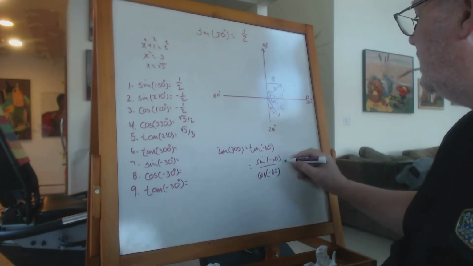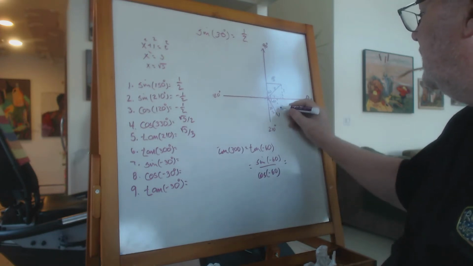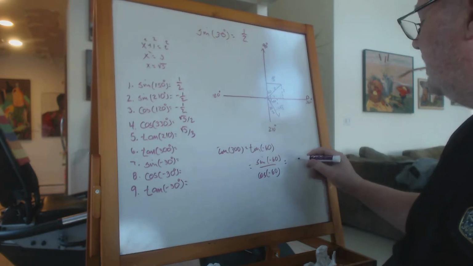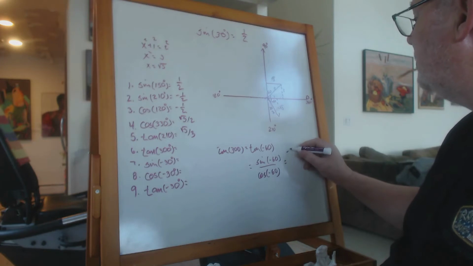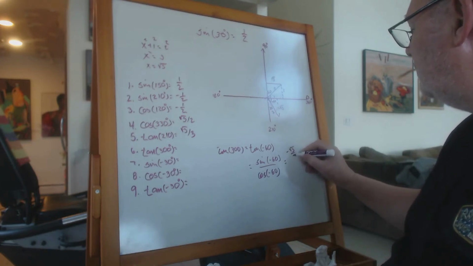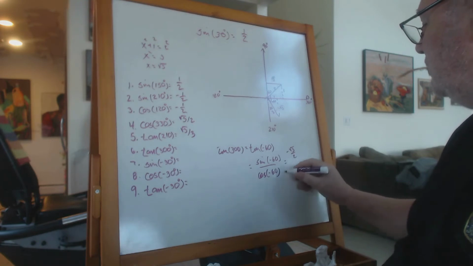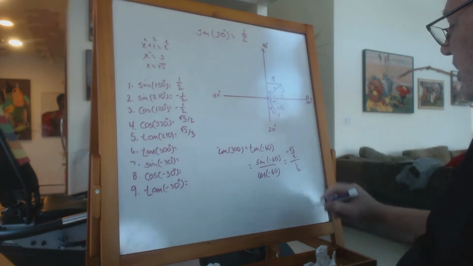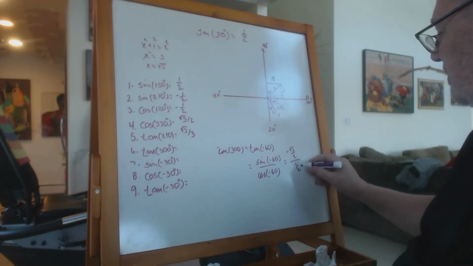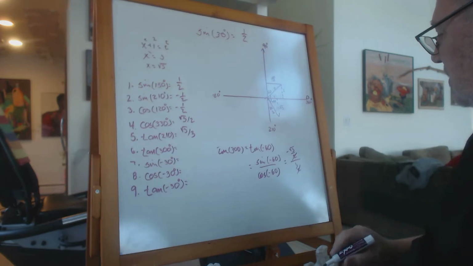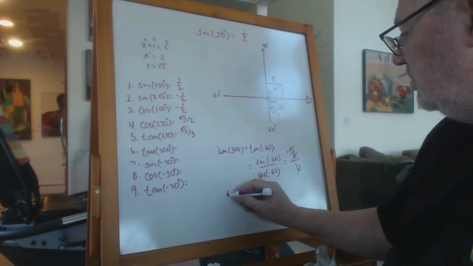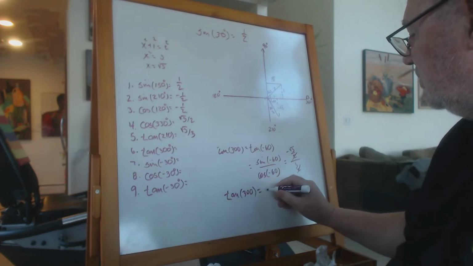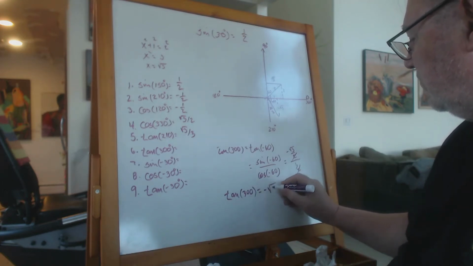So that's equal to, and that's minus, so we have minus square root of 3 on 2, and cosine of minus 60 is 1/2. These 2's cancel, and that's equal to, tangent of 300 is equal to the negative square root of 3.